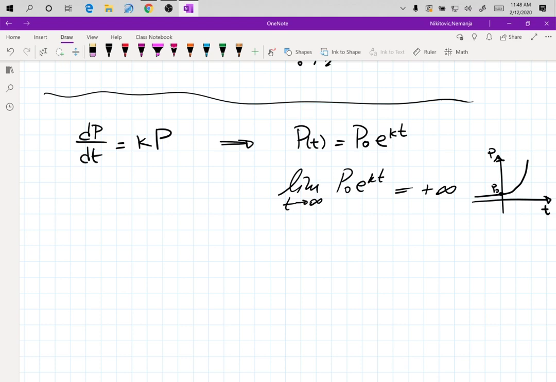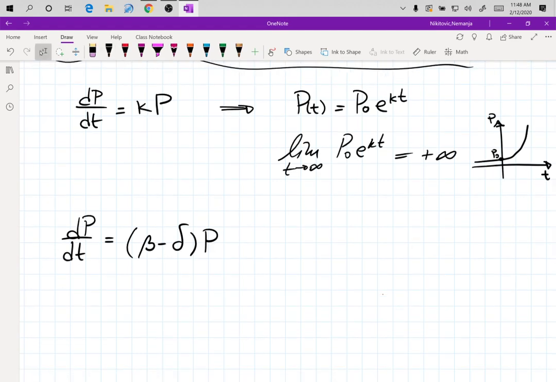The other example that we had, where the population was the birth function minus the death function times the population, which was the second example, gave us a logistic growth equation. Now we did dP/dt is equal to, what was it? aP minus bP squared, right?